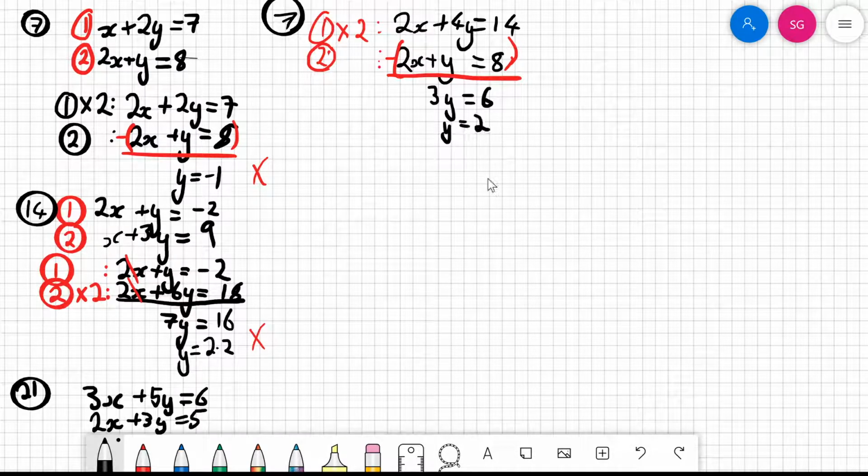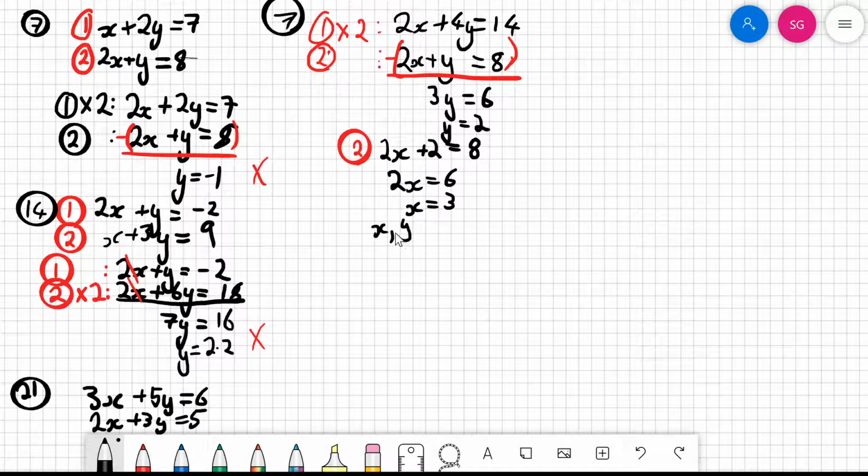So y equals 2. And then we go back. We're going to look at question 2 here, just to make things easier for ourselves. So we've got 2x plus 2 equals 8. 2x equals 6. So x equals 3. Okay, and we can just give that final answer in this format.